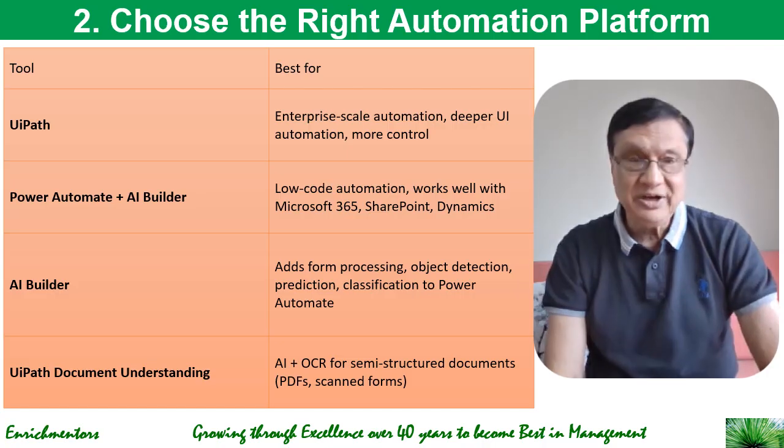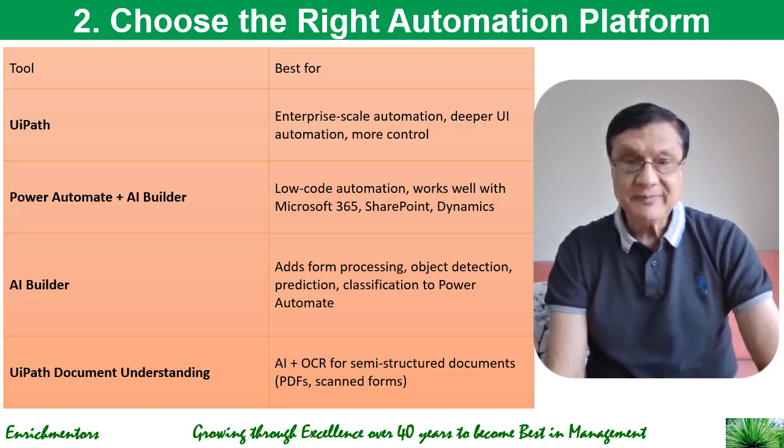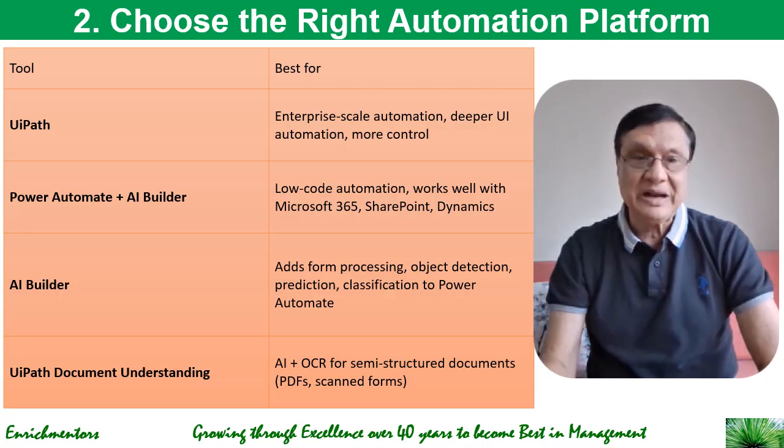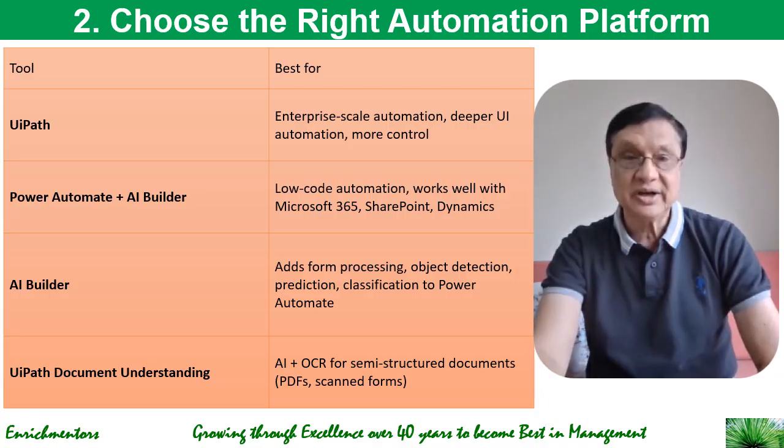You could use AI Builder, which can add form processing, object detection, prediction, classification to Power Automate. Or you could use UiPath Document Understanding, with which you can do AI plus OCR for semi-structured documents like PDF and scanned forms.